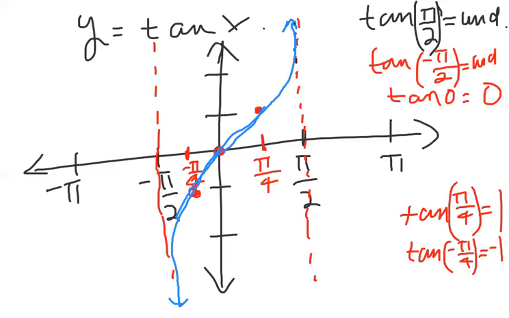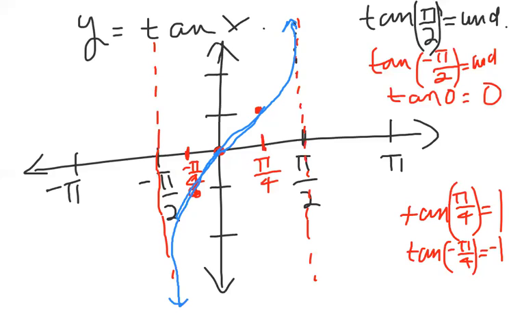This right here would represent one period, or one cycle, one repetition of the graph of tangent of x. Unfortunately, I don't have enough room to graph another cycle of it, so I'm going to leave it there.